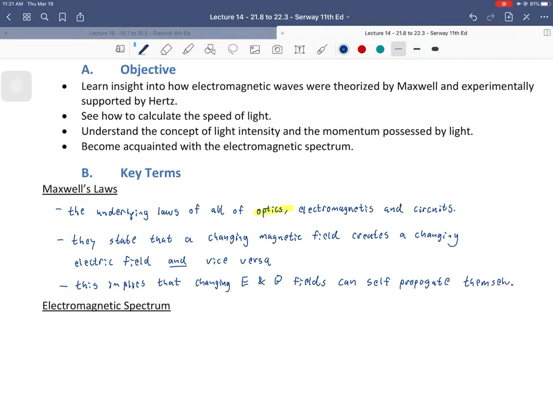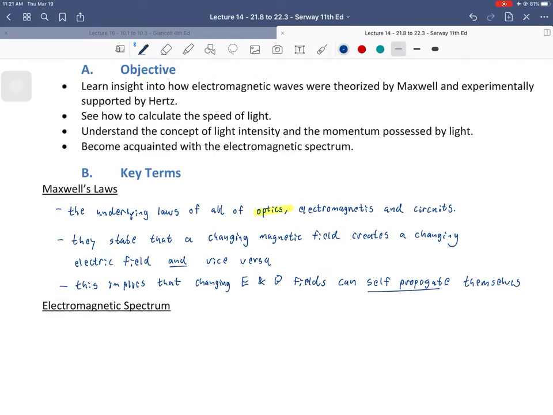The idea is if one changing field can create another changing field, say the changing magnetic field creates a changing electric field, now that changing electric field creates a new changing magnetic field, that changing magnetic field creates a new changing electric field, and so on. That chain reaction is the self-propagation I'm referring to.